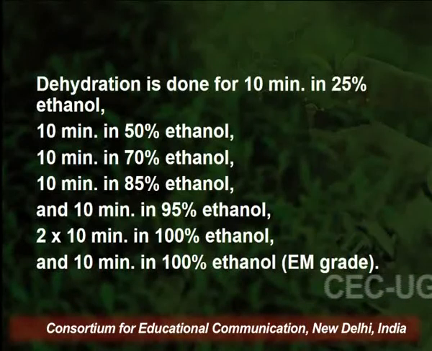As we proceed, the concentration of ethanol gradually increases. So it is further treated for 10 minutes in 95% ethanol, and twice for 10 minutes in 100% ethanol. The ethanol finally used happens to be of EM grade.